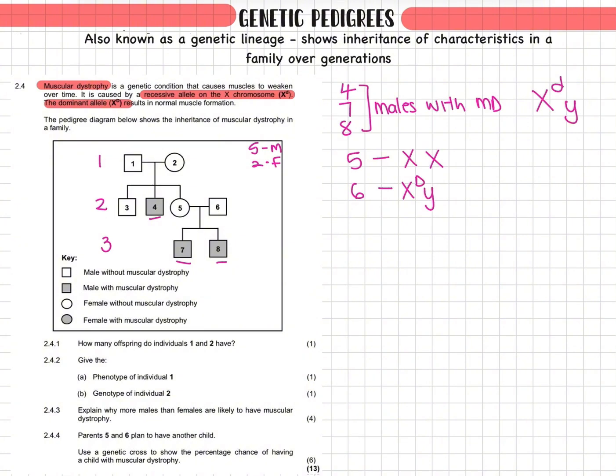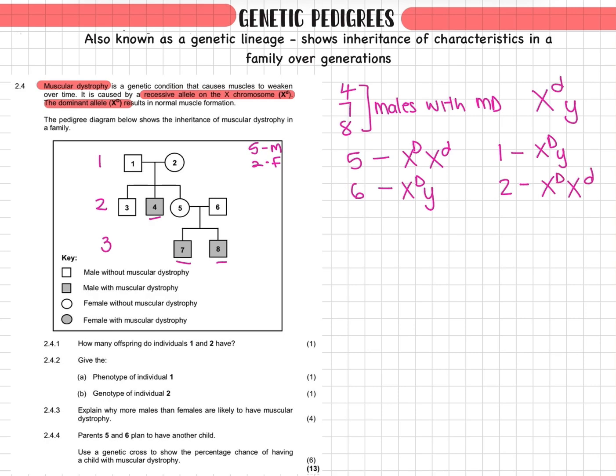The male has the dominant allele, and the female should be heterozygous since their children have muscular dystrophy, which is the same as number 1 and number 2. Number 1 will have the dominant allele, and number 2 will be heterozygous since number 4 has muscular dystrophy.